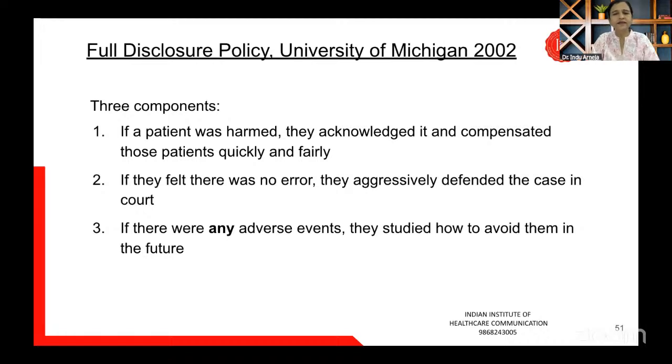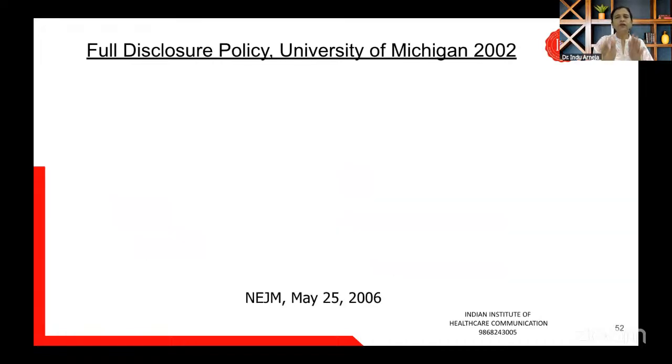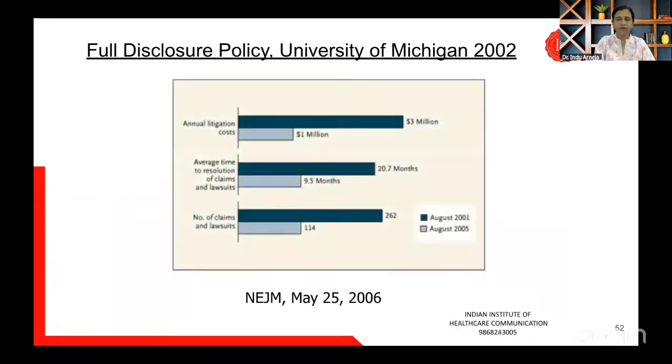And the third one is, if there was any adverse event, they studied how to avoid that in future so that those incidents can be reduced and patient care can be taken care of. And you'll be surprised to know they took data in 2001 and then in 2005, and they could reduce the litigation cost by almost two-thirds.